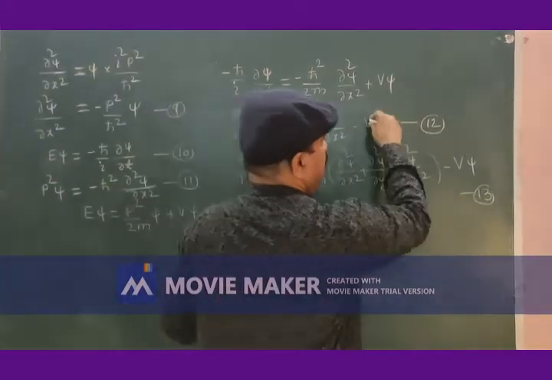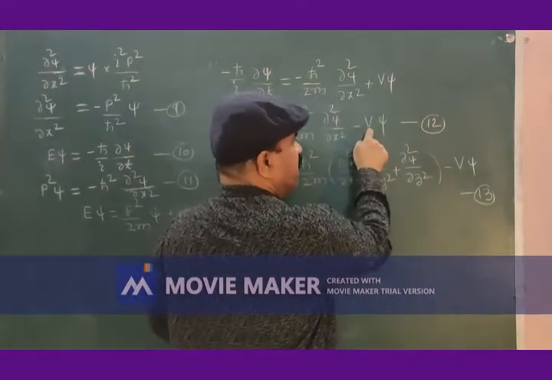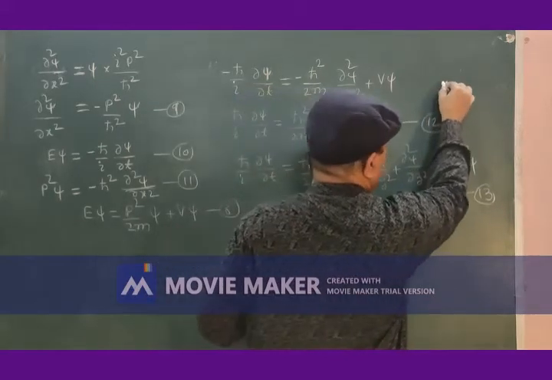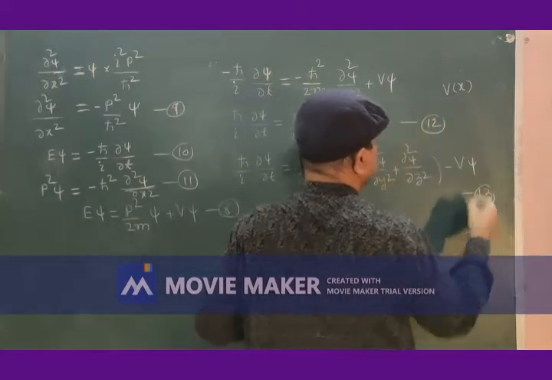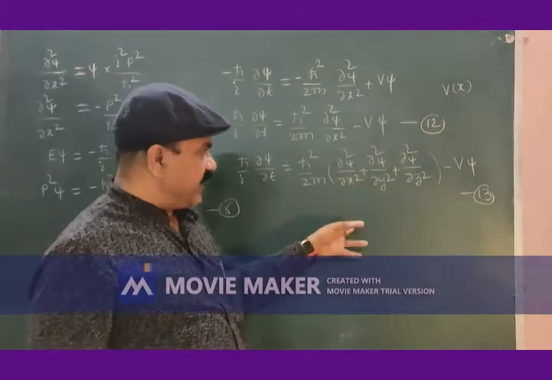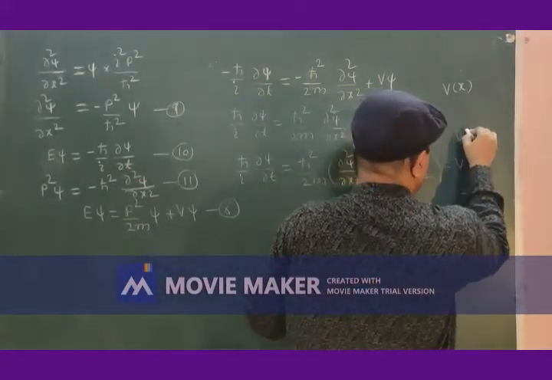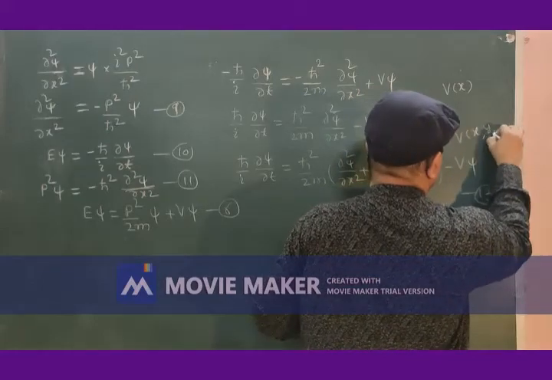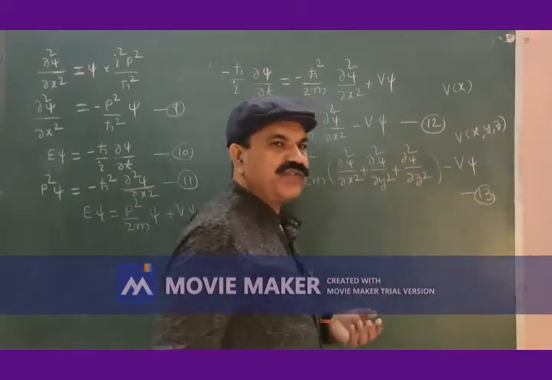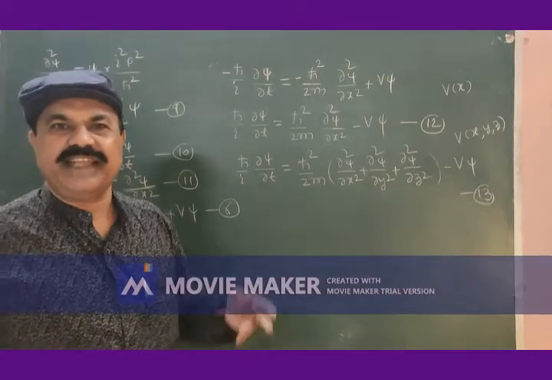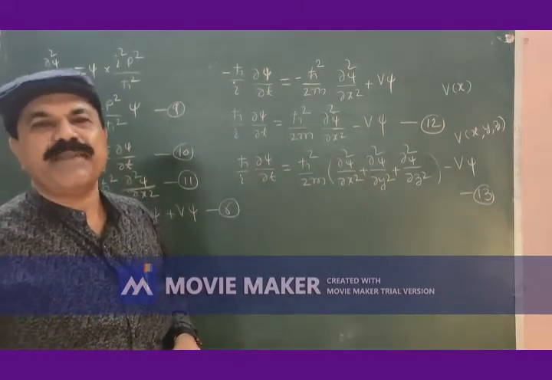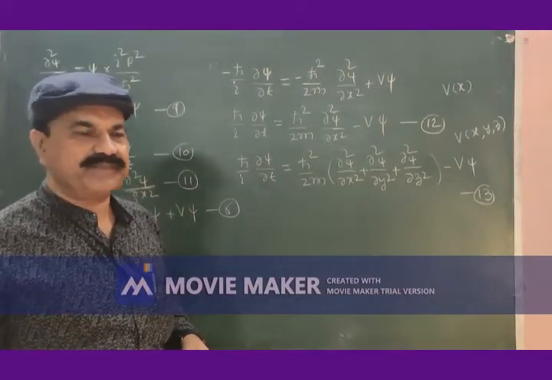In equation 12, the potential energy is a function of x only, whereas in three dimensions in equation 13 this v is a function of x, y, z, the three coordinates in three-dimensional coordinates.